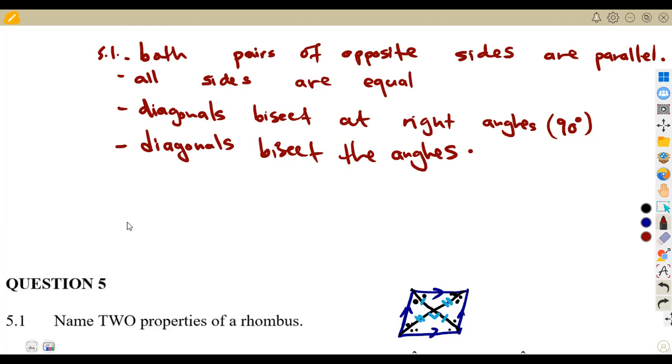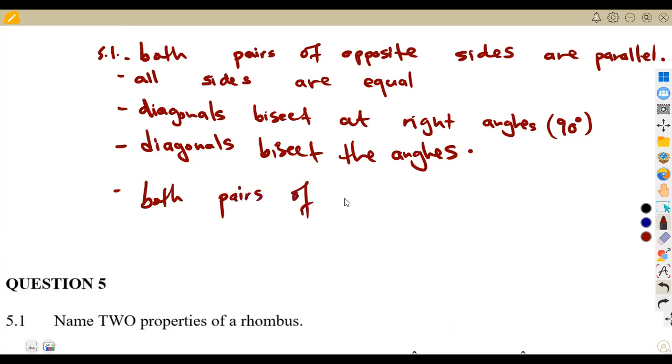Then also both pairs of opposite angles are equal, just like a parallelogram. So these are the properties of a rhombus, so many.